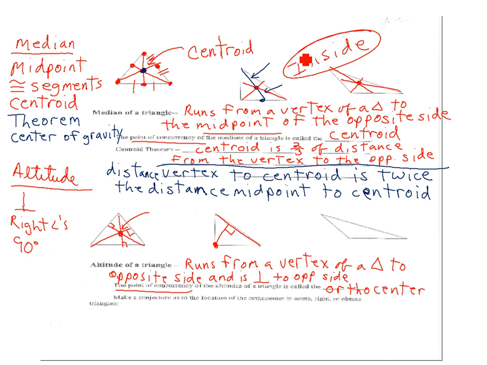The medians and the centroid are always inside the triangle. For altitudes, and let's put orthocenter over here while we're here. That's another word. As soon as you hear altitude, you should think of orthocenter. For altitudes, the altitudes and the orthocenter aren't always going to fall inside the triangle.